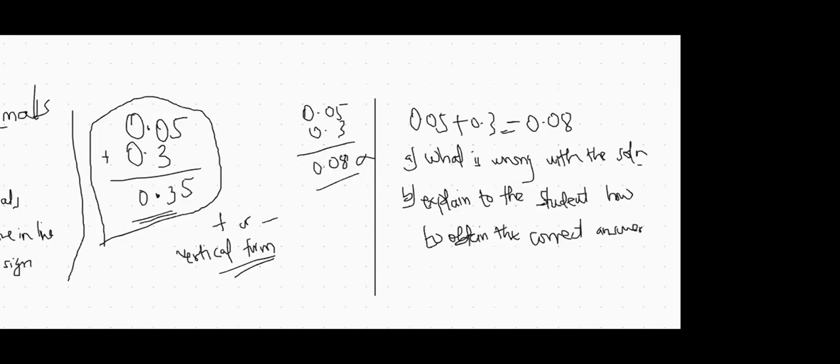Can someone tell us what is wrong with the child's solution? I would say he didn't consider the decimal places. That is very correct. Then B, explain to the student how to obtain the right answer.